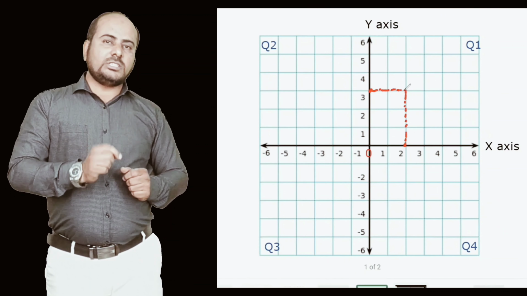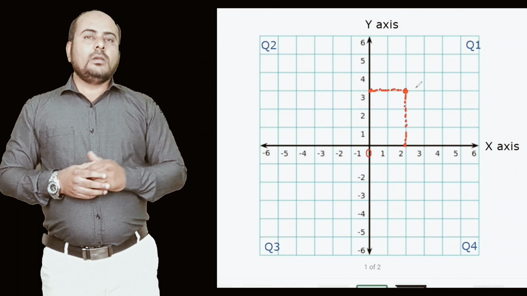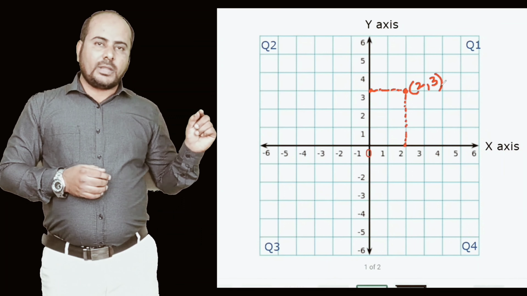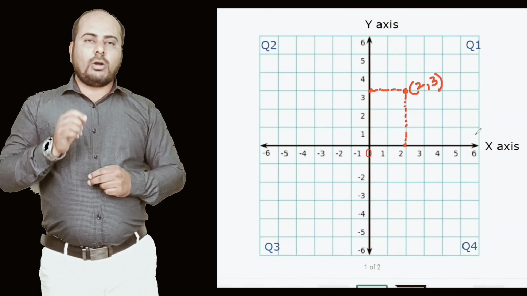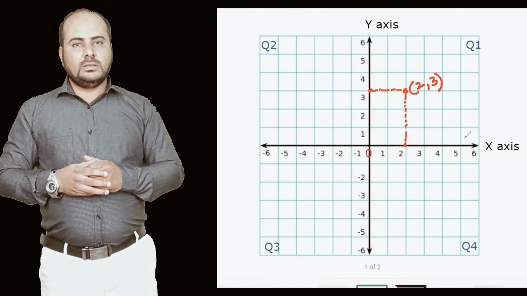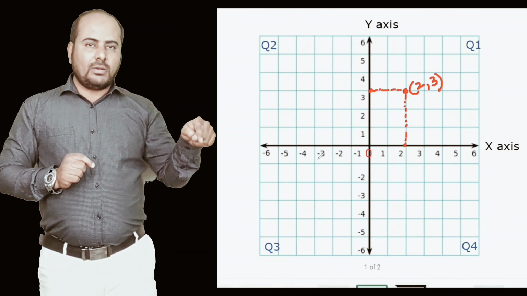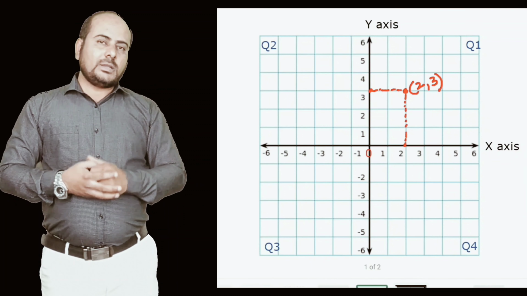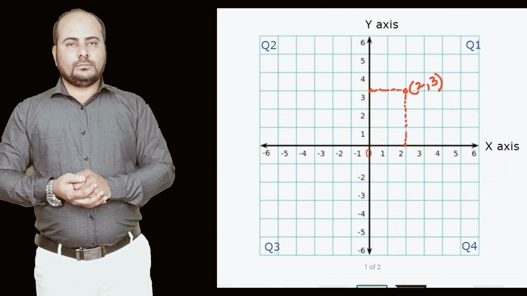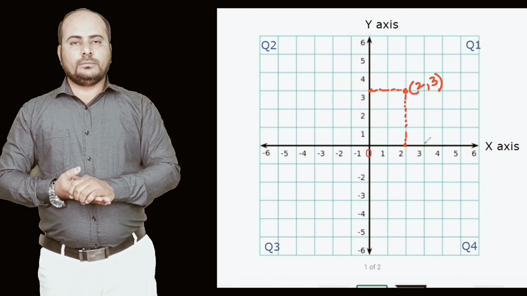Now we shall see how this point can be selected in the coordinate plane. First, the abscissa 2 is taken on the x-axis. Then the ordinate 3 is selected on the y-axis. So if these two are taken perpendicular, they intersect at a point, that is (2, 3). So this is (2, 3).